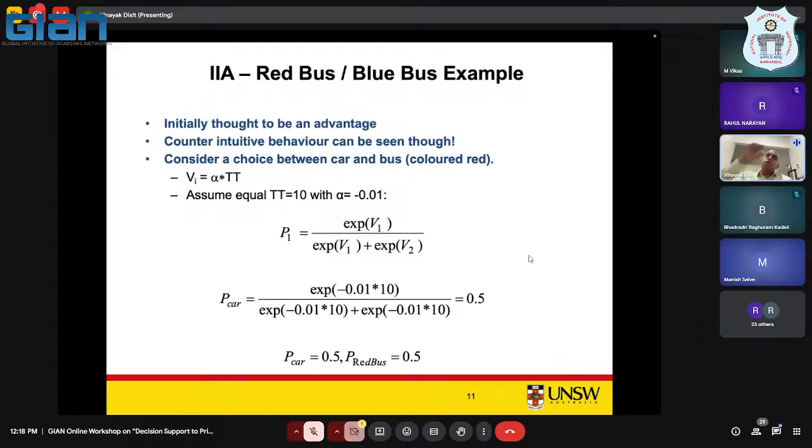It'll show you a bus and a car, with this travel time and this cost, and ask which one you would choose. You make a series of choices, and then we can estimate the value of time and the preferences around it. We'll do an example this evening on how we estimate it.